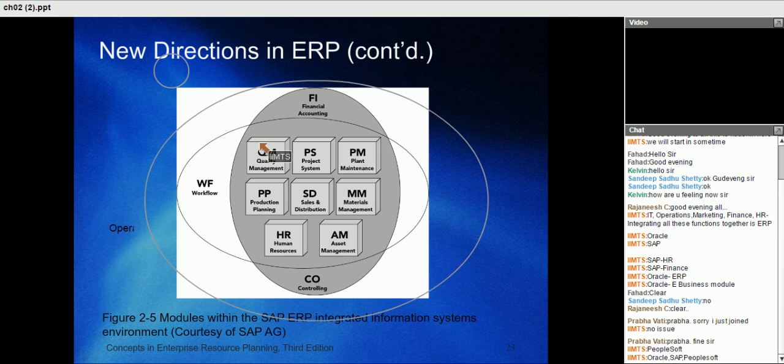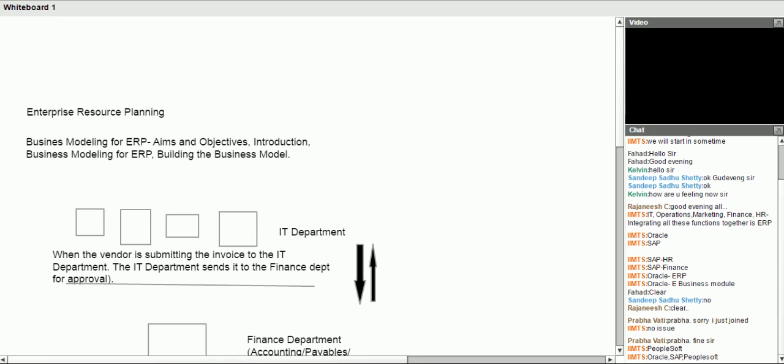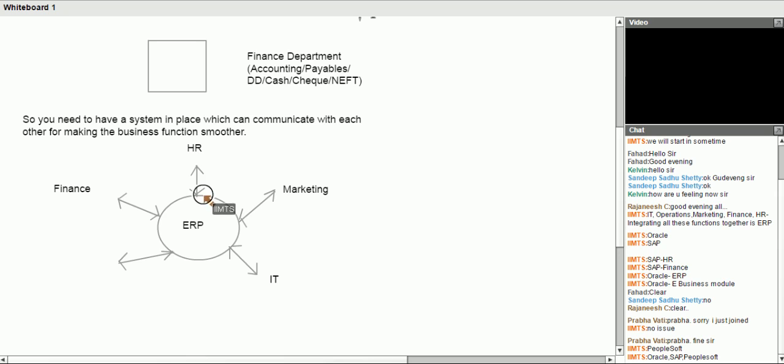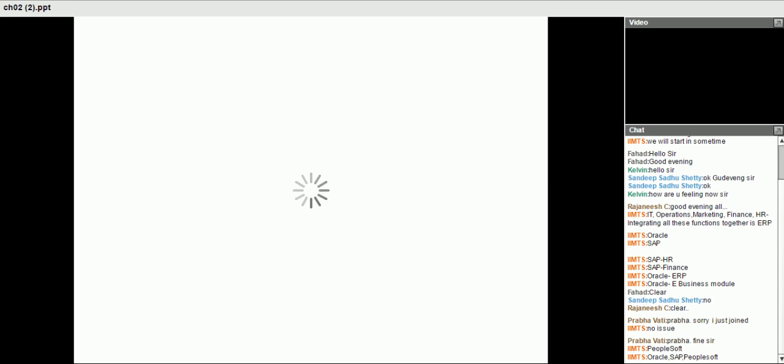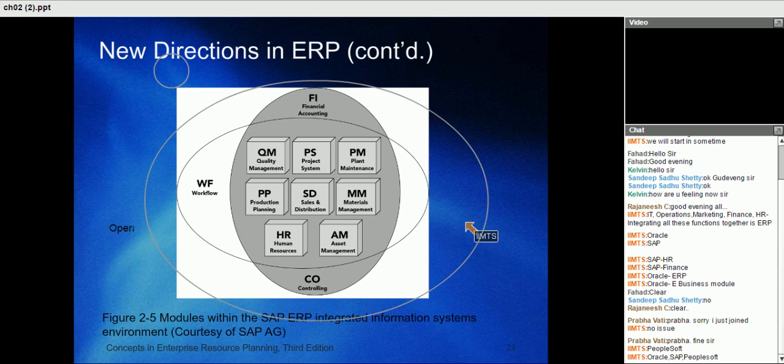This is the benefit of having the ERP system. All of HR, sales and distribution, materials, plant, project and controlling is clubbed in one place, as I have told you in this diagram. This is the beauty of the ERP system. Clear to all? Any doubts, anybody?